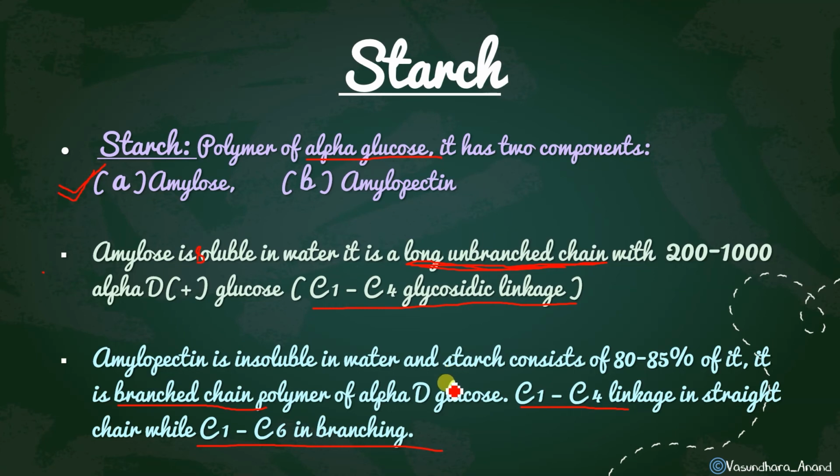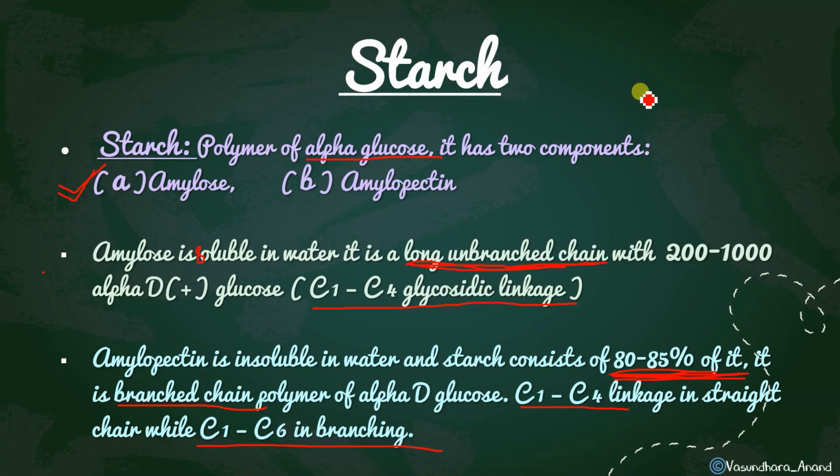Next difference, the third question I asked: out of amylose and amylopectin, which is the major content or major portion of starch? That is amylopectin. Amylopectin is 80 to 85% of the whole starch.